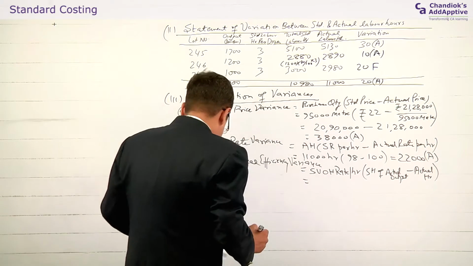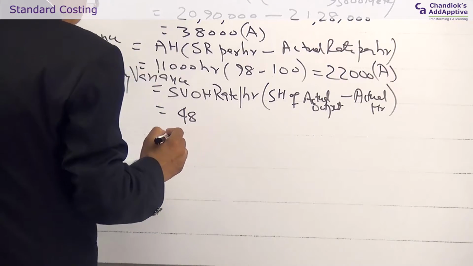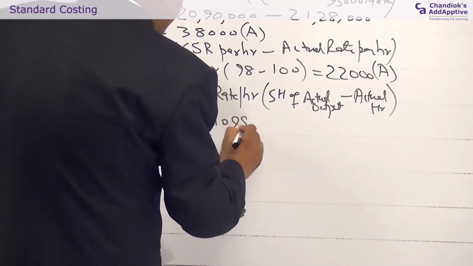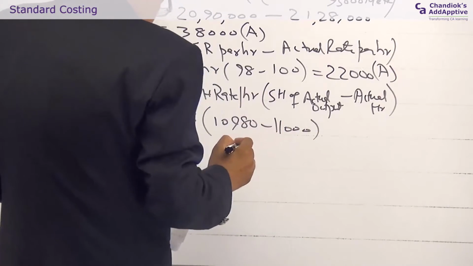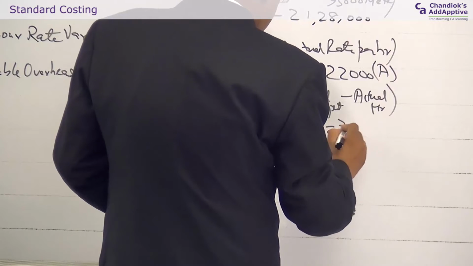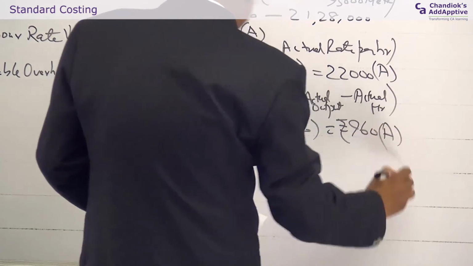If you use this, let us put the values. It is 48, into 10,980 minus 11,000 hours. So, this works out to rupees 960 adverse.